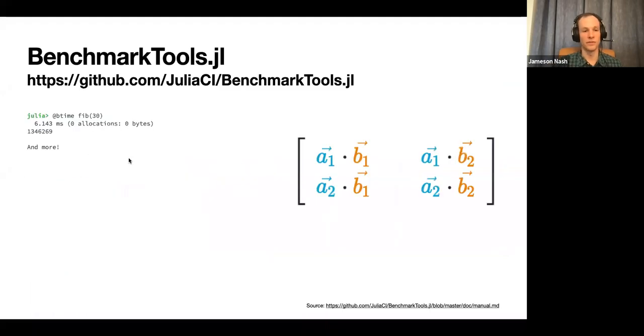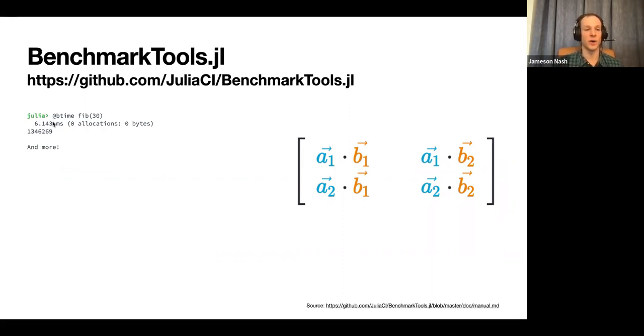But first, a separate tangent in a different direction. When we're timing things, as I said, there's things you have to look into, such as how much compilation was going on, and do we want to put in inference barriers at different points in time. And so there's a package called BenchmarkTools that helps you automate some of this.